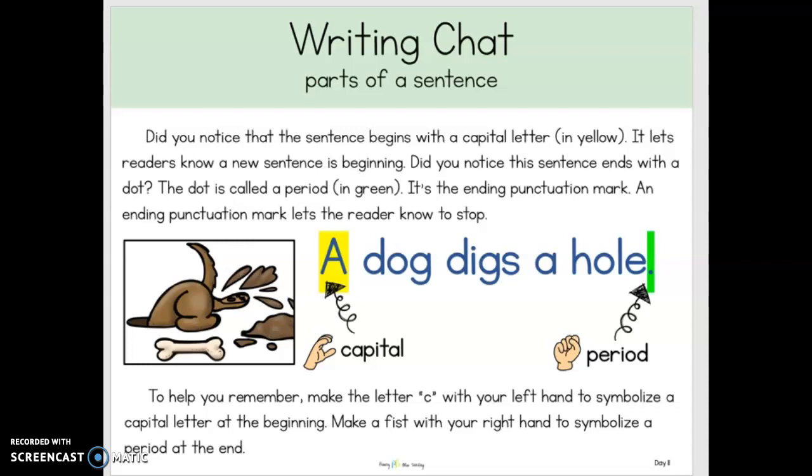So we can help remember that a capital letter at the beginning by making a C shape with our hand. So capital letter, and then you can make a fist to remember that period at the end. We have to know that the capital letter is the beginning of the sentence and it ends with the period, or another type of punctuation mark, which we'll talk some more about later.